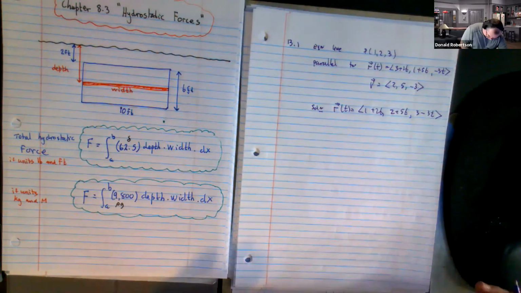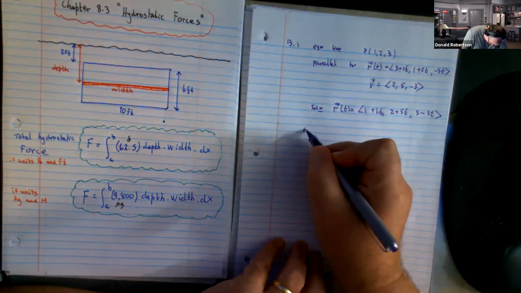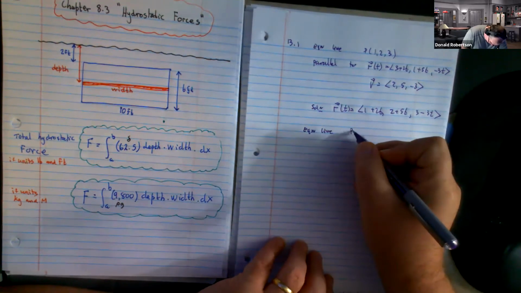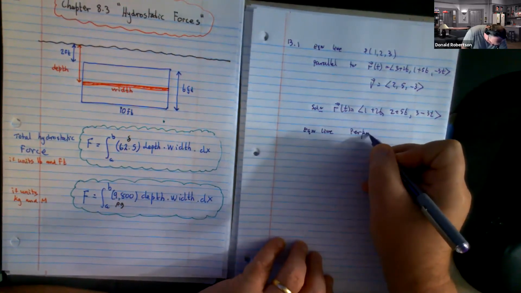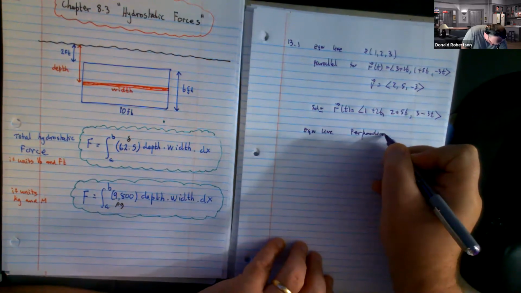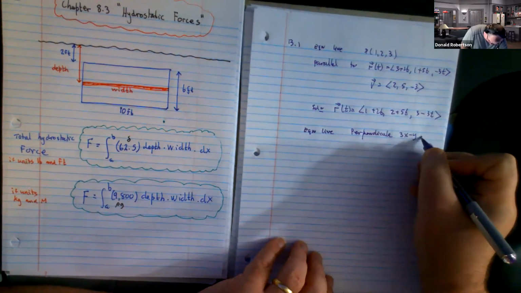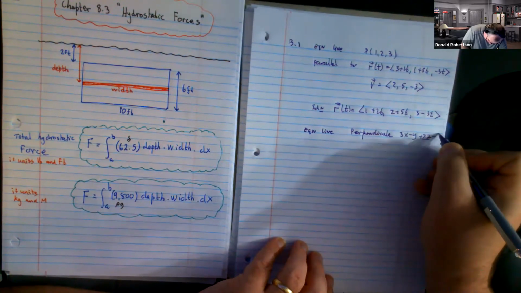Now suppose you're still wanting the equation of a line, but it's perpendicular to a plane. Let's say it's perpendicular to the plane 3x minus y plus 2z equals 11.